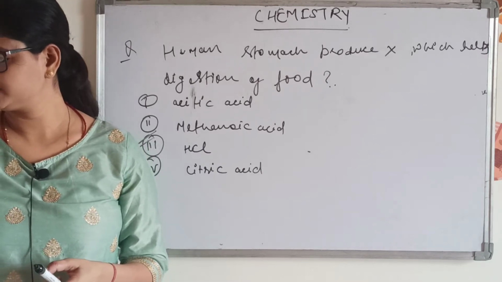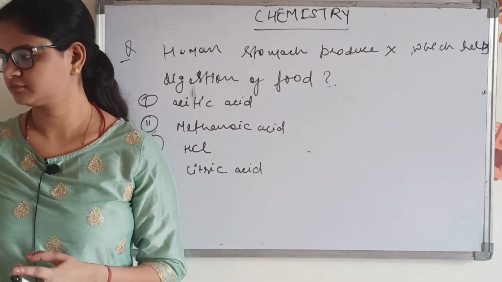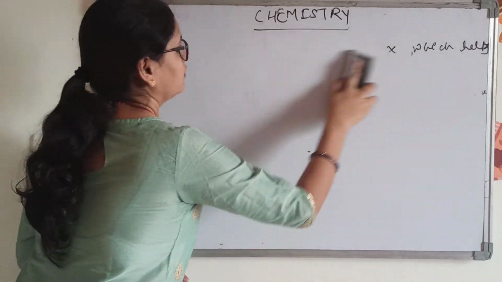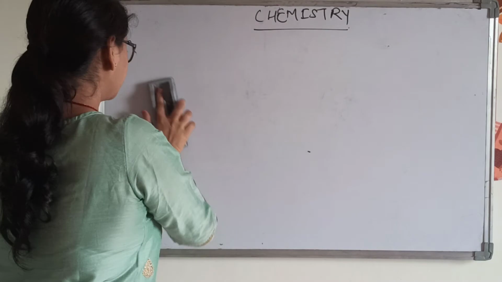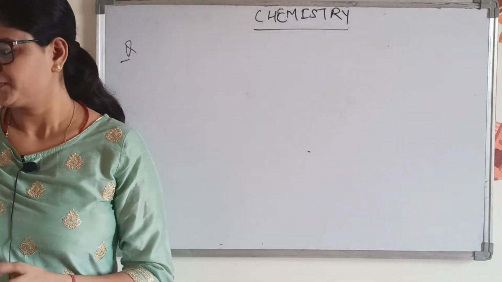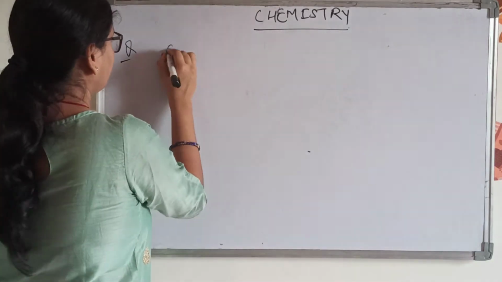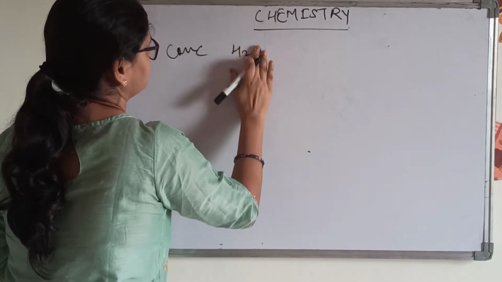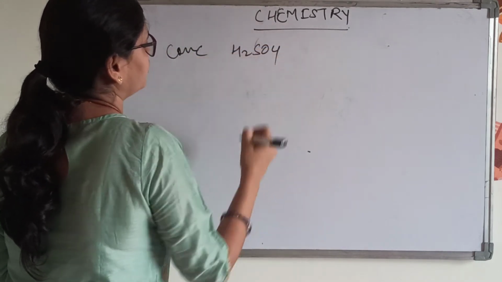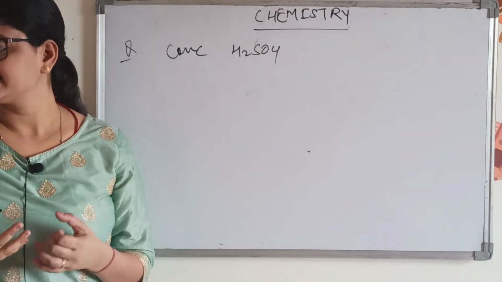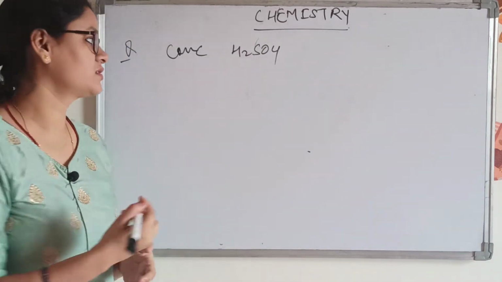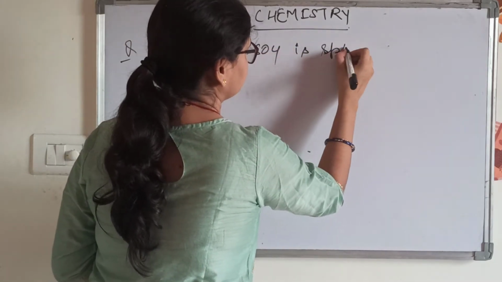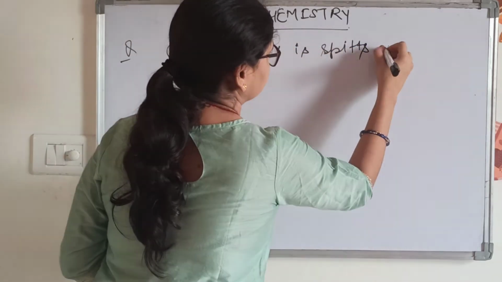Next question. This question is very easy. It is given that conc H2SO4 spills on the surface.